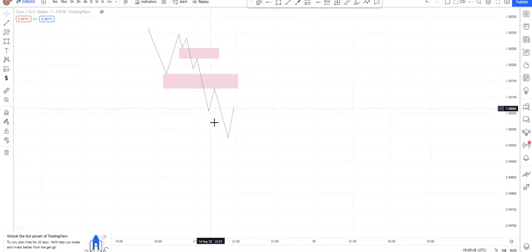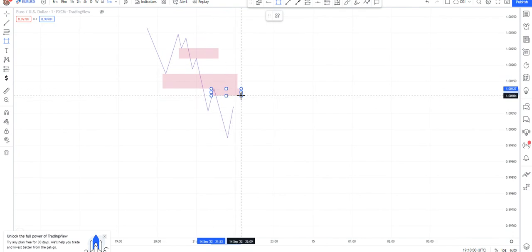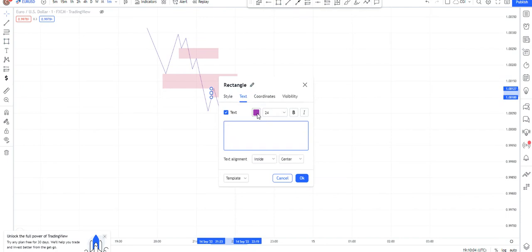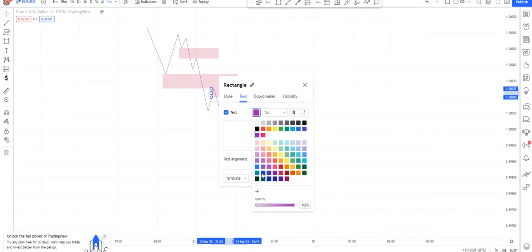So that's the second area. Now when price is pulling back like this, you should expect this place to be the sell.